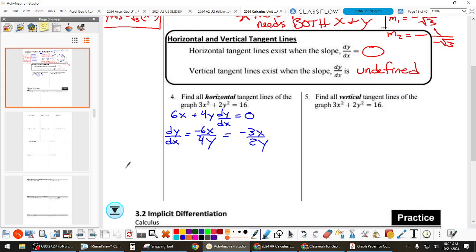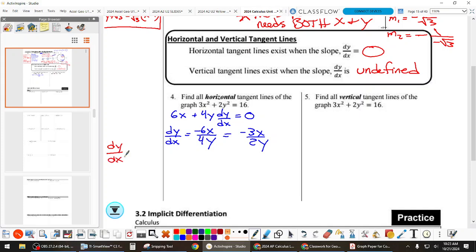All right, so that's the expression for slope, and then it says find all horizontal tangent lines of the graph. We want the slope to be 0, but how do we ensure that that's true? It's the top equals 0. Yeah, that's the big idea here.